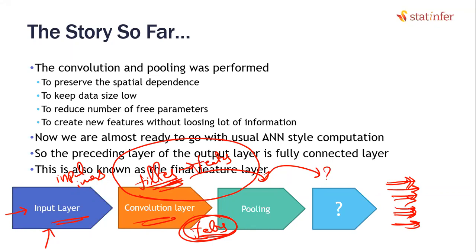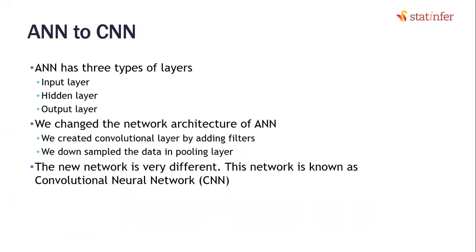So what we can do is take all these features and try to build an ANN model on top of it. An ANN has three layers: input layer, hidden layer, output layer. The only problem with the input layer in an ANN is that we used to flatten the data, but we did not like it. Now that you captured all the features, we created the convolution layer by adding all the filters.